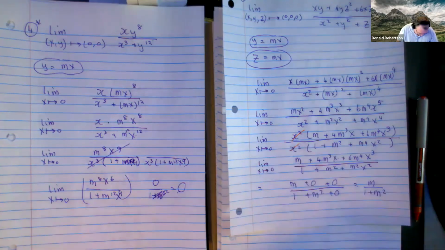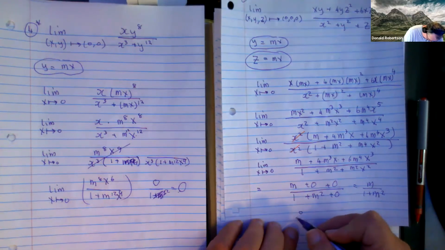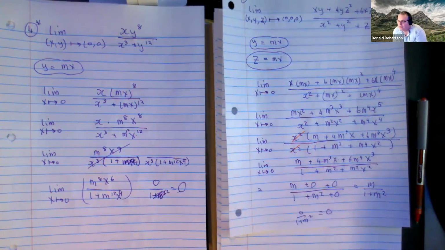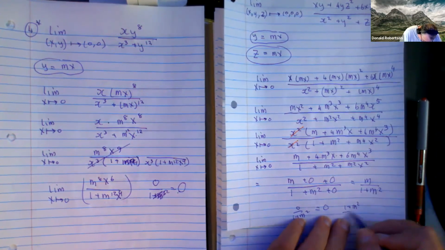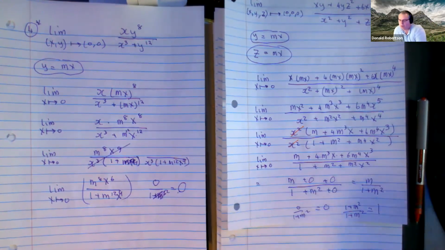Now, can you imagine in a different world, we might have got 0, right? When we plugged in x equals 0, the top became 0 and the bottom was 1 plus m squared. But if that happened, wouldn't the answer still be 0? In a different world, can you imagine the top ended up being that? But wouldn't that become 1? So the answer would be 1.